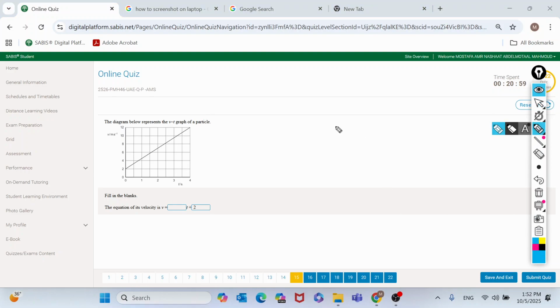We're going to use this point because it's clear, and this point because it's also clear. So 12 minus 2 over 4 minus 0. So it's going to equal 10 over 4, which is 2.5.